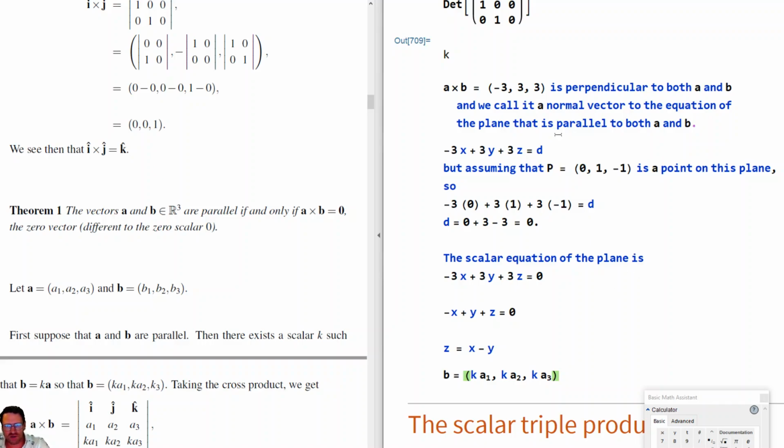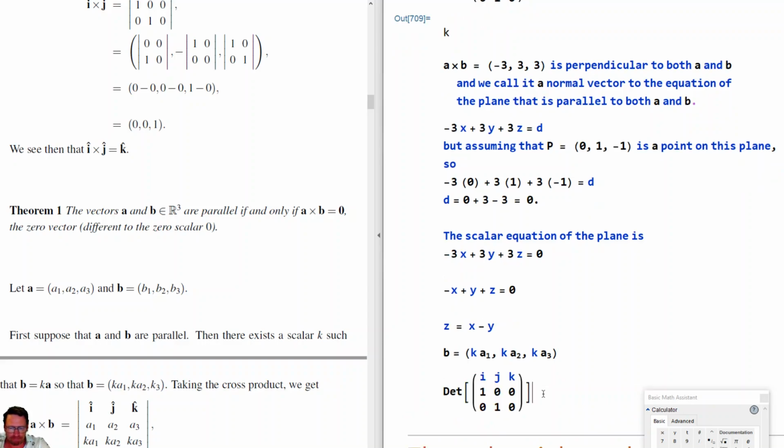And so what we're doing is we're calculating the determinant of A with this B. So I'm going to do that here. A1, A2, A3, and then I'll put in KA1, KA2, KA3.